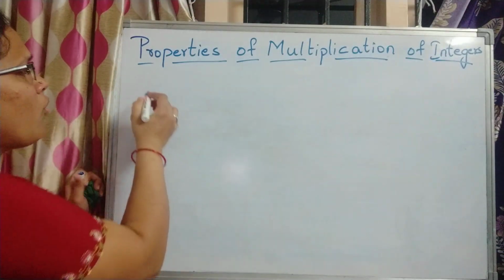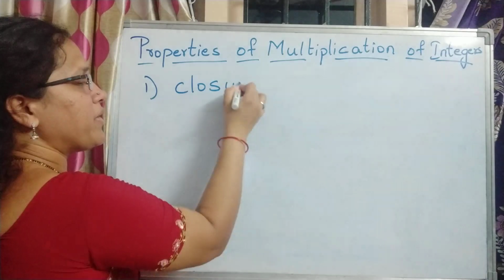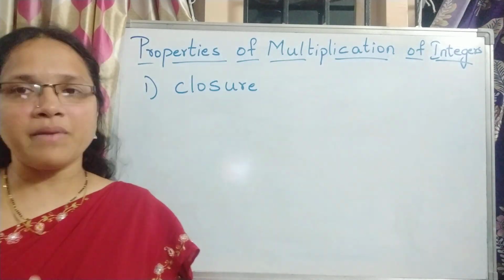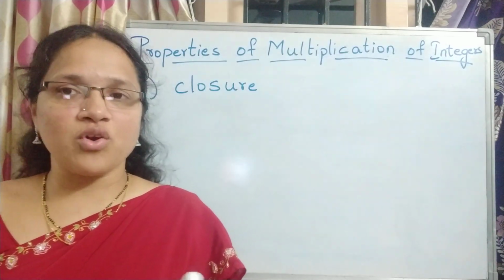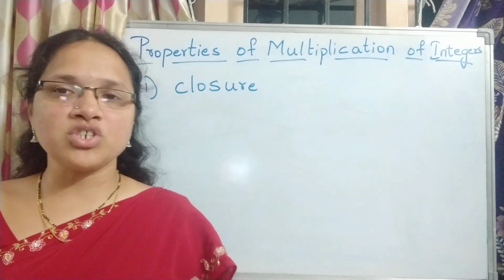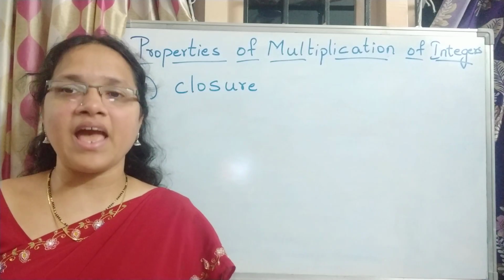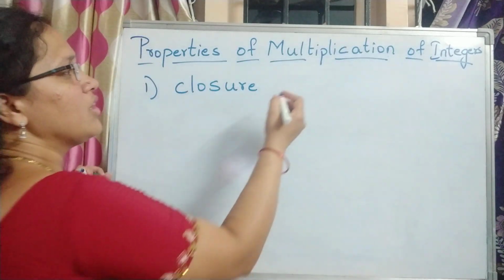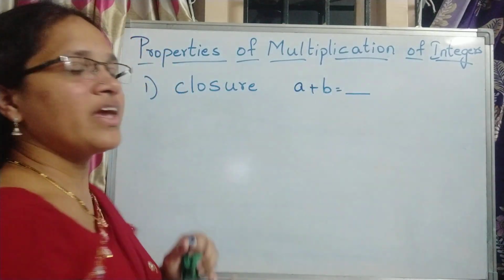Now, what is the first property we learned in addition? That is closure property. So the same closure property we are learning under multiplication. But let us recollect the definition of closure property in addition. If we have two integers a and b, when you add them, that is a plus b, the resultant should be an integer.